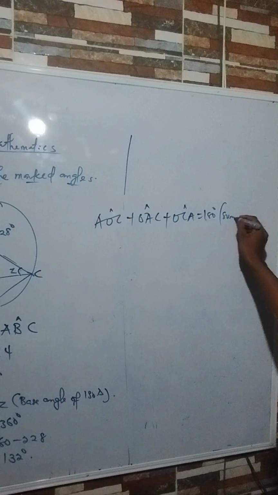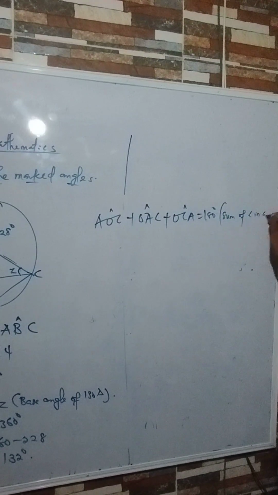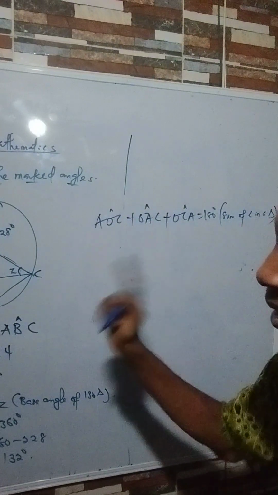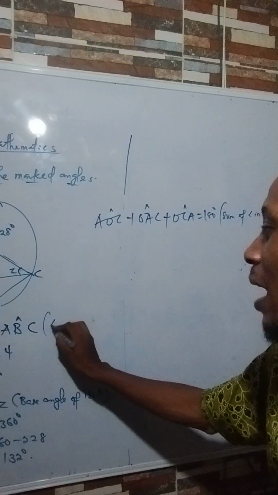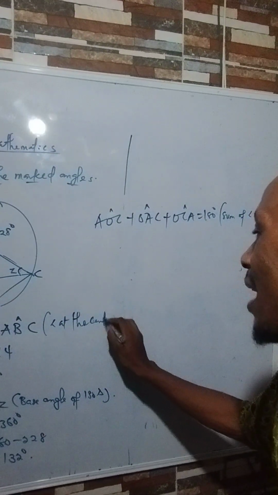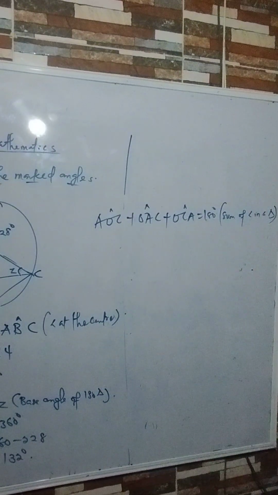Reason: sum of angles in a triangle. Always write your reasons. Nobody is going to mark your work when your reasons are not clearly stated. This one is saying angle at the center. You must always write all of these reasons out. It is a must.